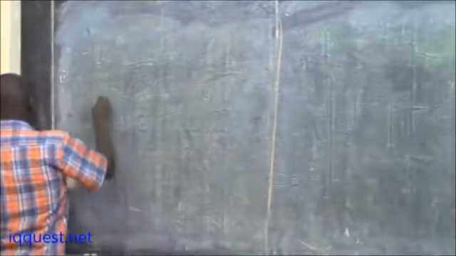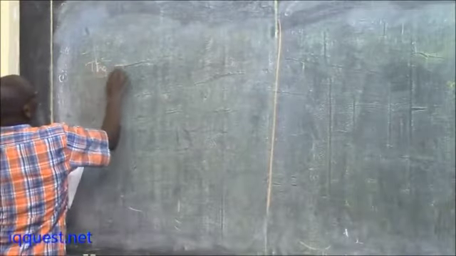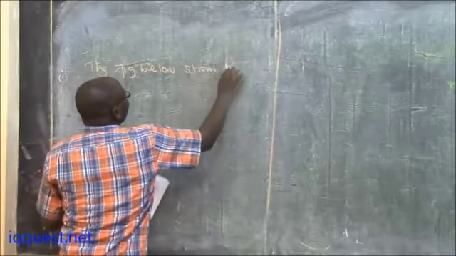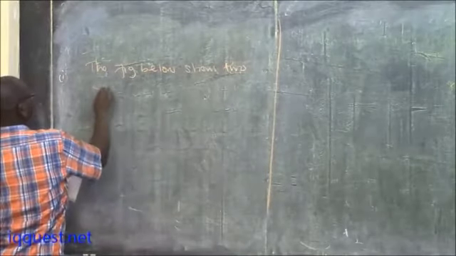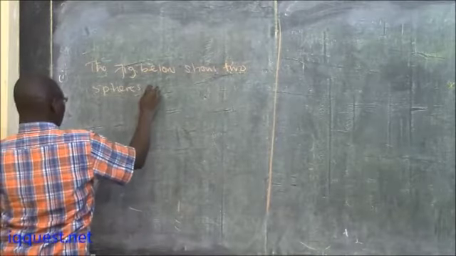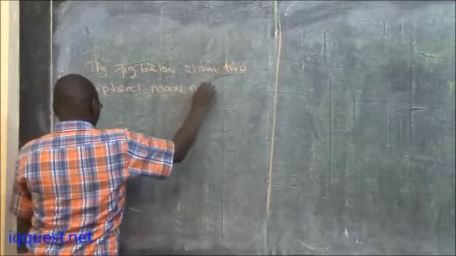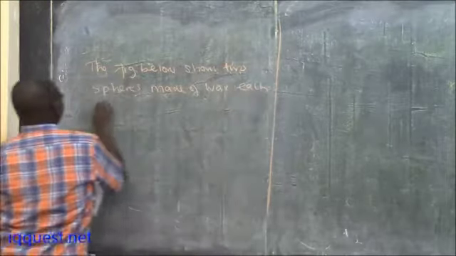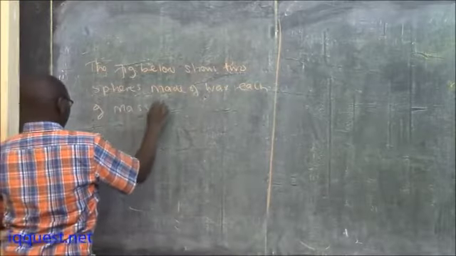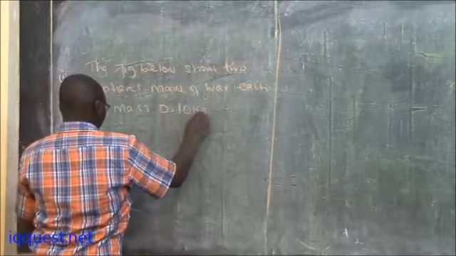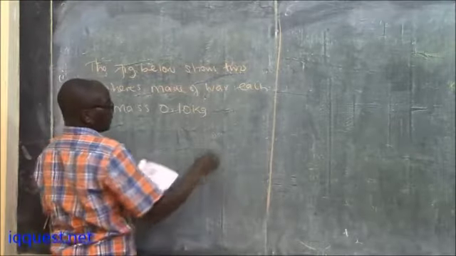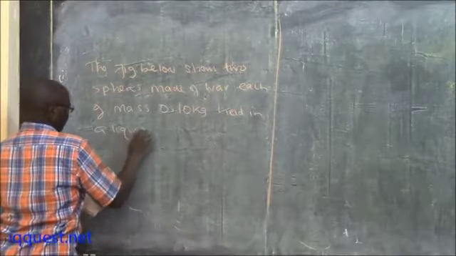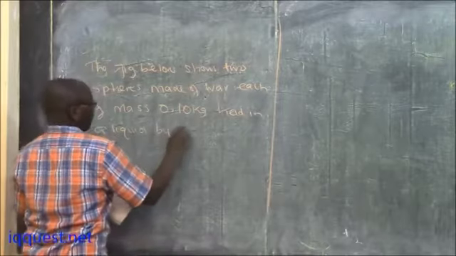It was saying the figure below shows two spheres made of wax, each of mass 0.01 kg, held in a liquid by strings A and B.